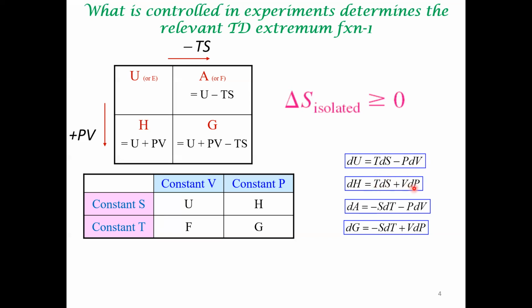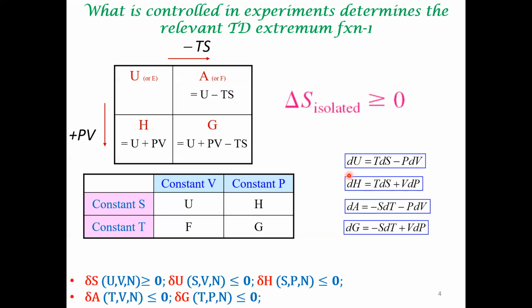And if S and P are kept constant, so dS and dP are 0. Therefore, dH to the first degree is 0. So, in effect, what I have is different experimental conditions. So what am I representing here?